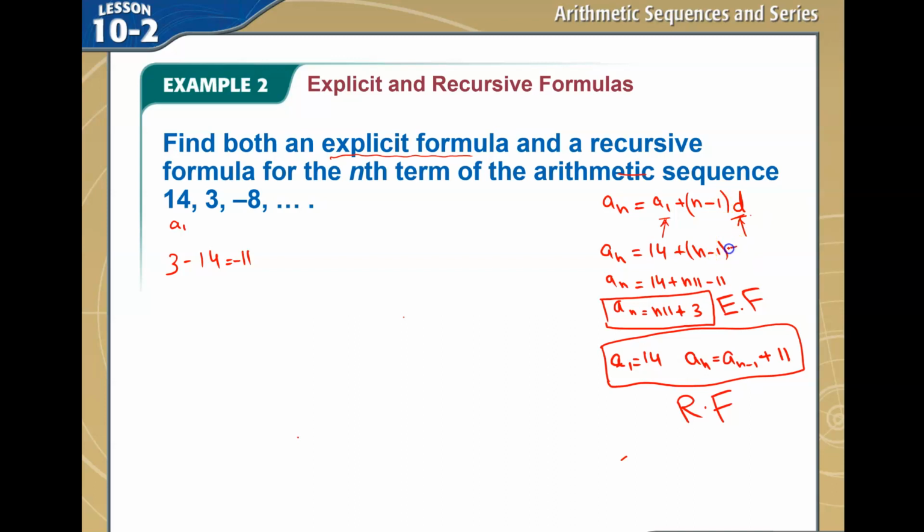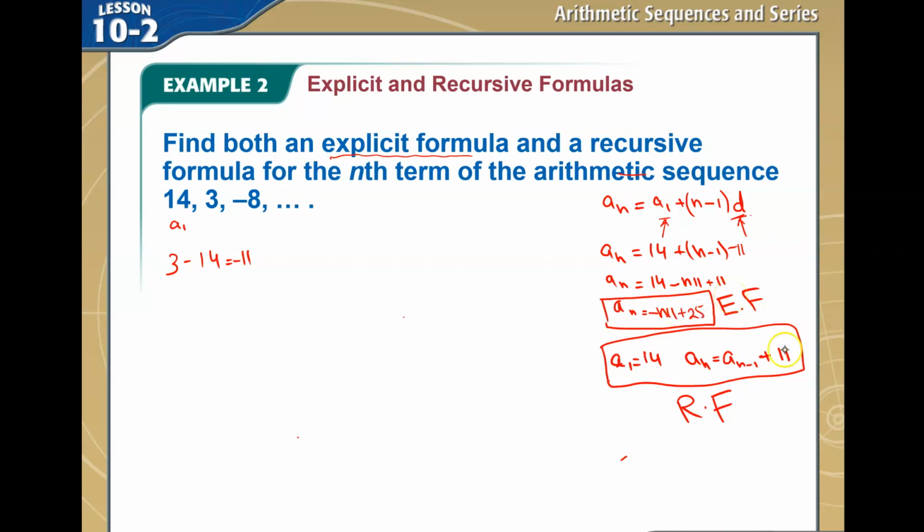Then it's going to be different. Well, the method stays the same, and this is going to be negative 11n. 14 plus 11 is going to be plus 25.